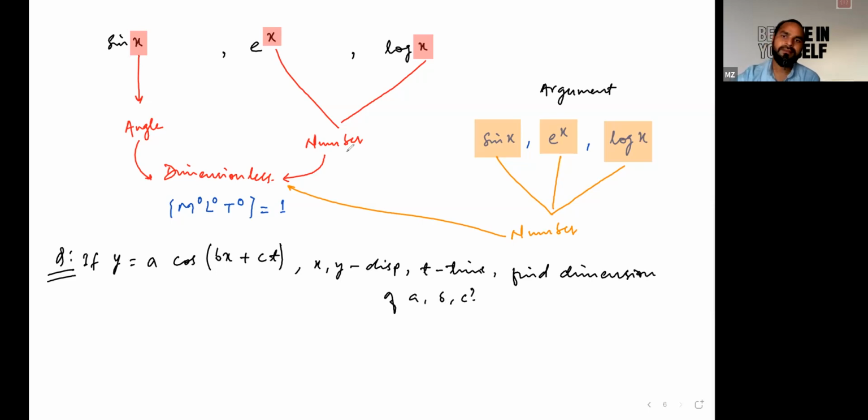Just see. Here we have for the first part, this bx and this ct. What can we say about these two terms? So Myra, which quantity would be represented by this particular bx and ct?